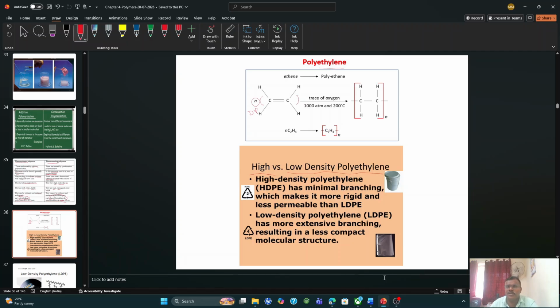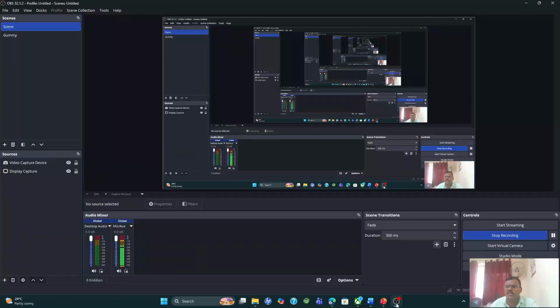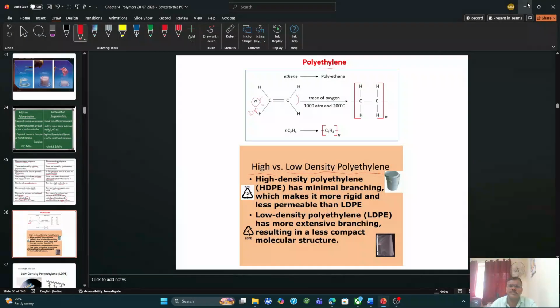What is high density polyethylene? What is low density polyethylene? High density polyethylene has minimal branches, which makes it more rigid and less permeable than LDPE.